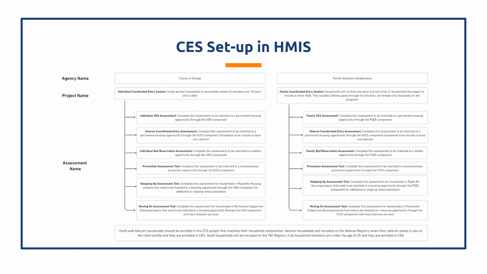A single person household or household with all members who are 18 and older would be enrolled in Individual CES. A household with at least one adult and one child, or households expecting a minor child, includes families in the process of reunification, families that are temporarily separated, or pregnant. These households would be enrolled into Family CES.